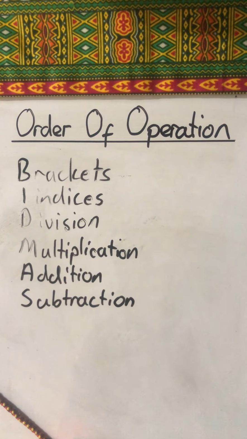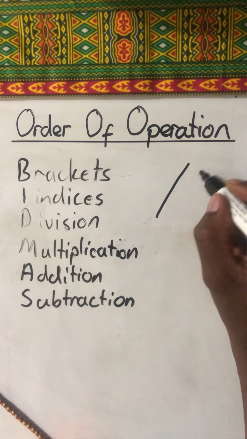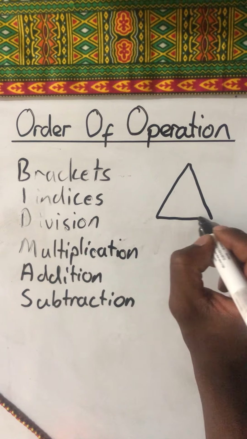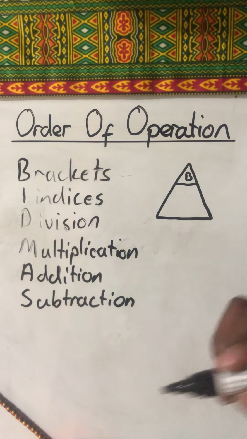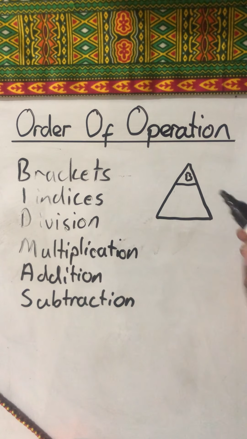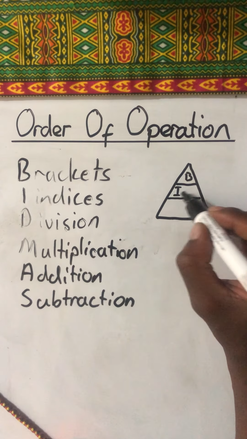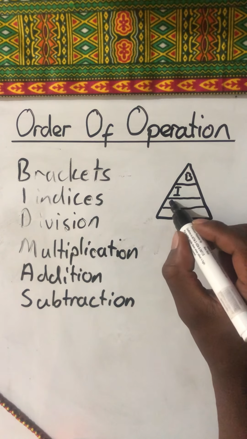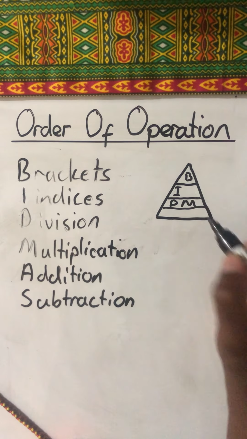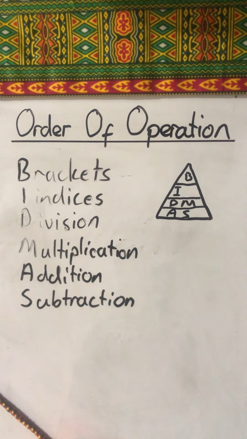Now, we can also represent this acronym in a pyramid. If we were to draw the pyramid, it would look something like this, with brackets at the top, seeing as it is the first thing that we must solve, and then indices, followed by division and multiplication, and then lastly we have addition and subtraction.